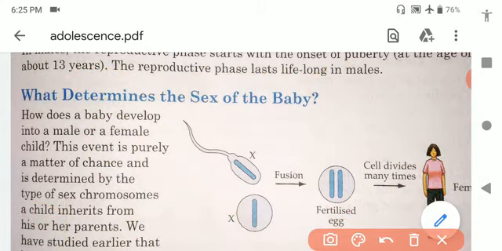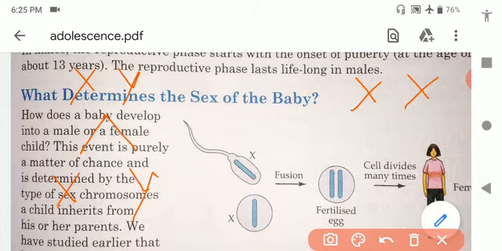Understood? So what happened? Suppose this is a male, XY, and this is a female, XX. When the male produces sperm, each sperm receives either one X chromosome or one Y chromosome.